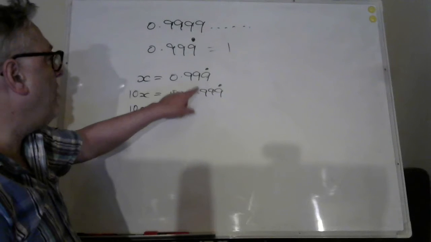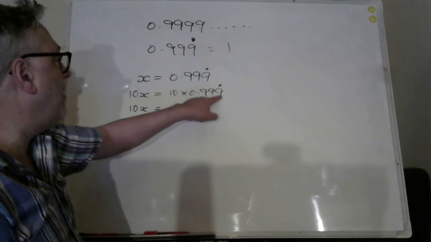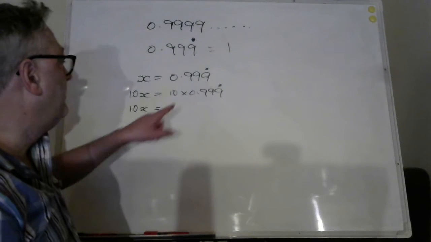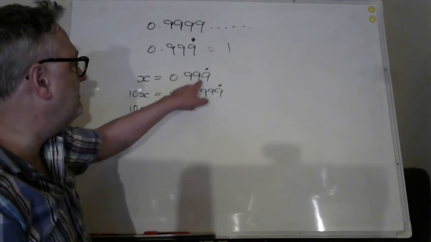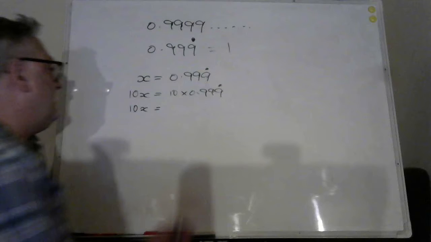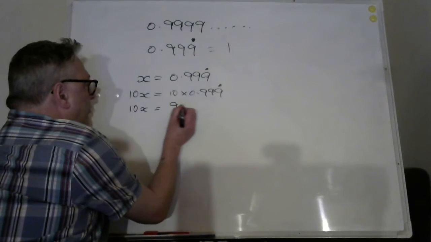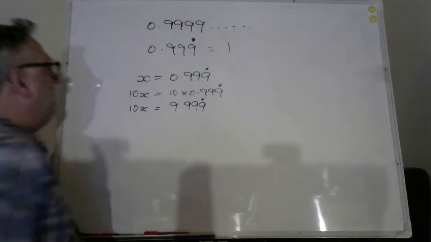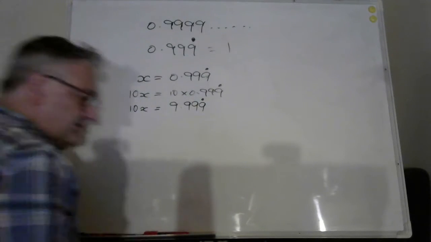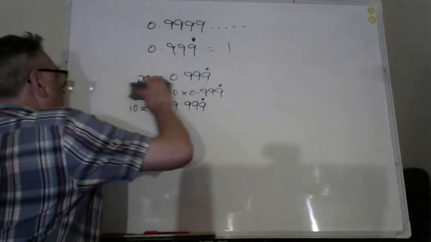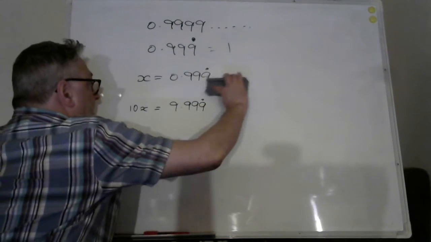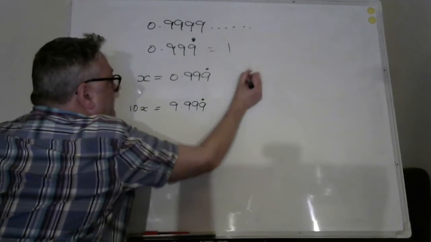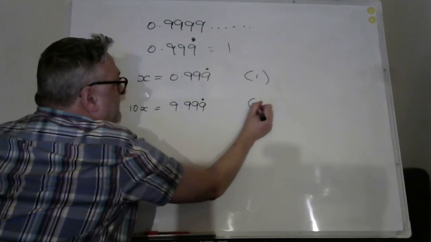If you multiply 0.999 recurring by 10, then the decimal point moves up 1 place so that you get 9.999 recurring. So let's just erase this line so that we can see what we're doing. This is equation 1 and this is equation 2.